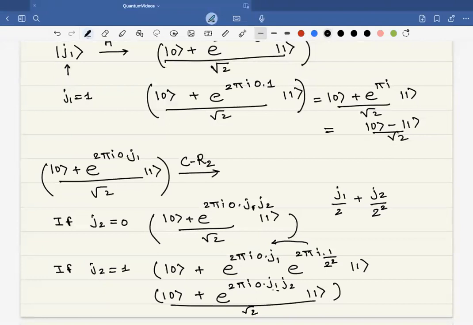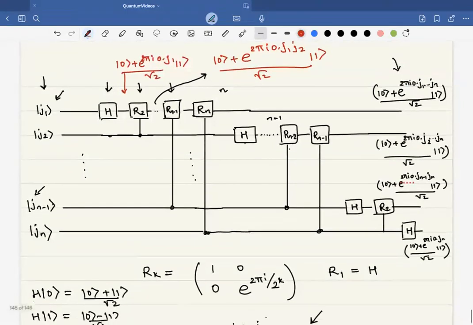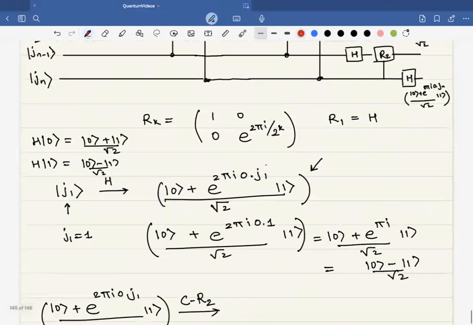So therefore, at the end of application of the R2 gate, you will get ket 0 plus e to the 2 pi I 0.j1 j2 ket 1 over square root of 2. Okay. And then so on.